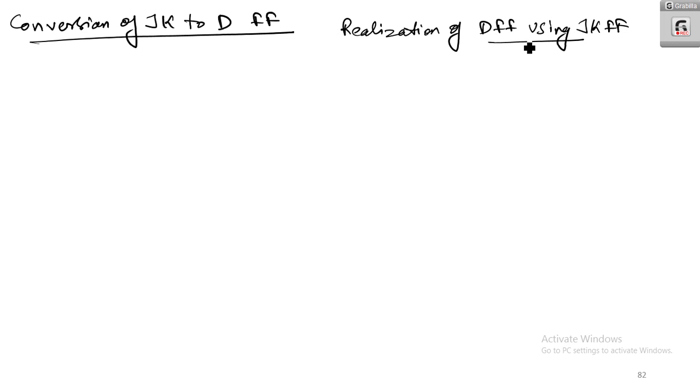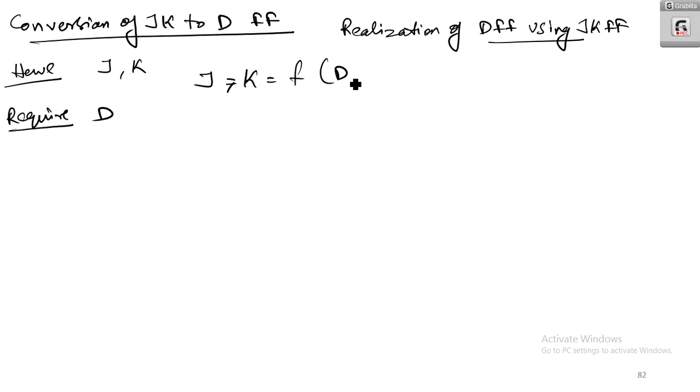So what we have is a JK flip-flop, and what you require is a D flip-flop. So you should write J and K as a function of D, Qn and Qn bar.